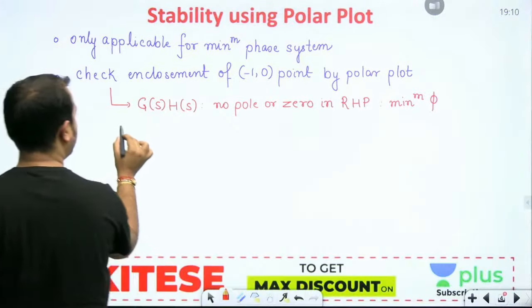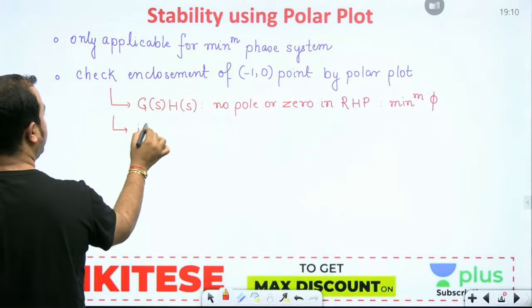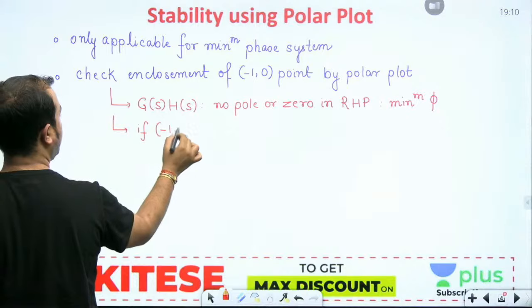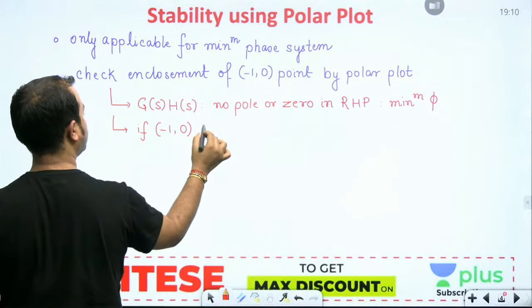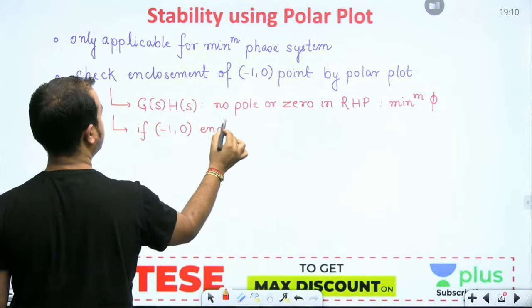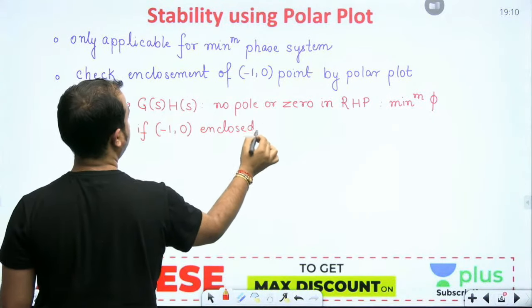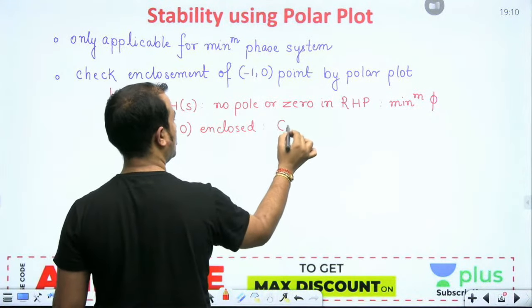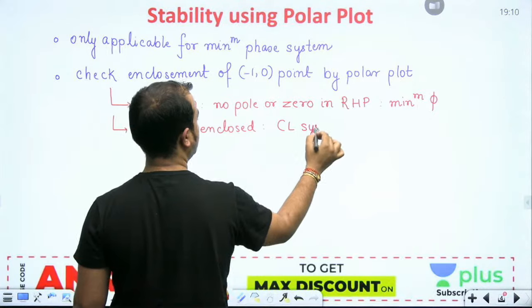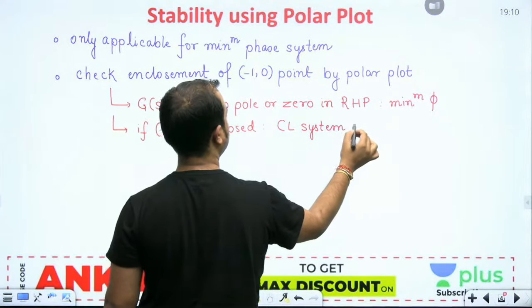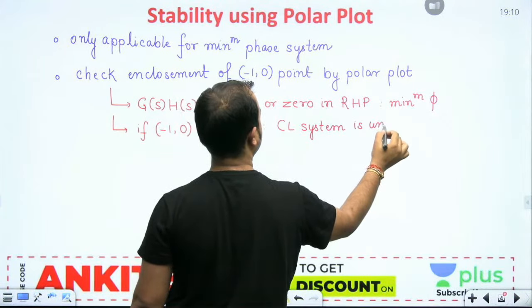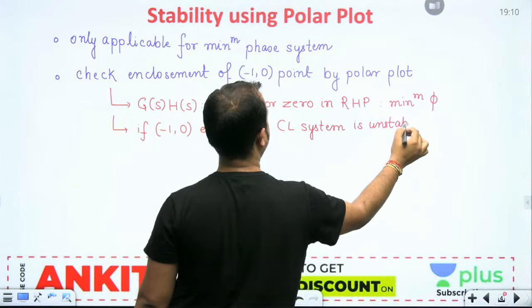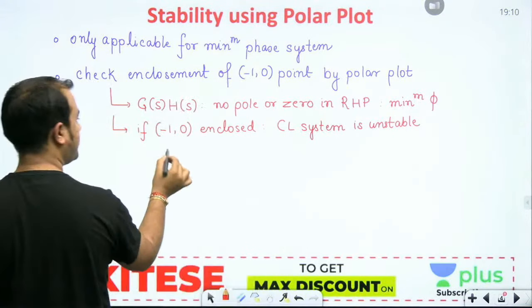Now, if -1, 0 is enclosed, closed loop system is unstable. Okay.